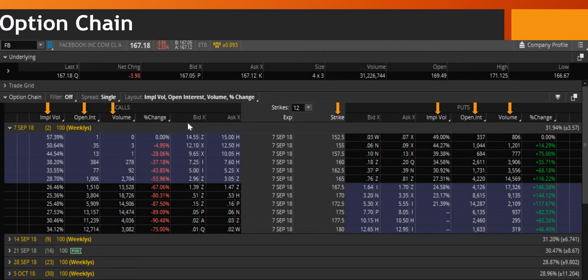Now, with options, when you buy an option, you are in control of 100 shares. Whatever the price is here, you have to multiply by 100 to get the cost of the option contract. So for instance, the 167.5 at the money call option here would cost us $147 per contract.